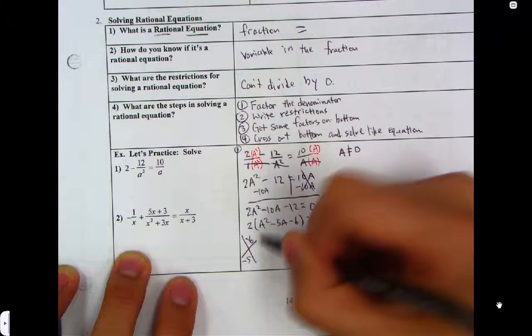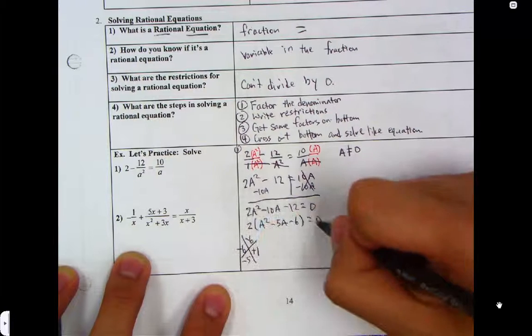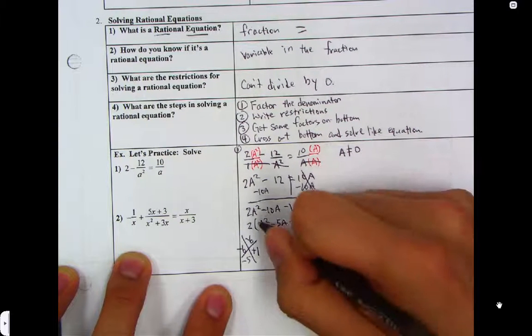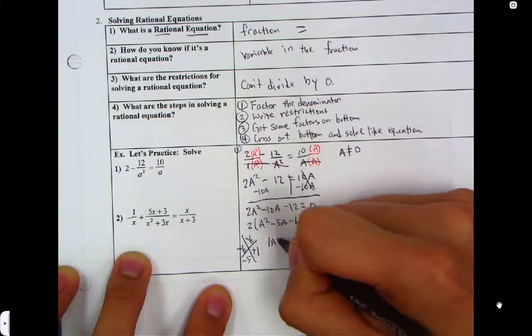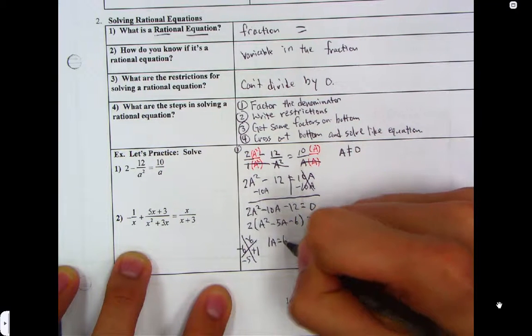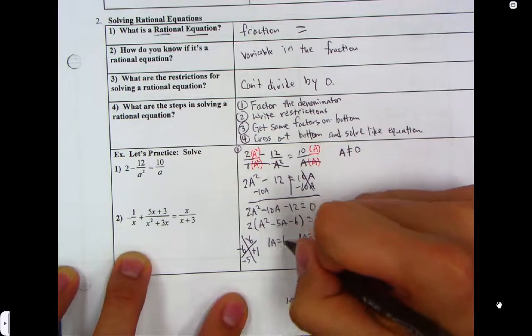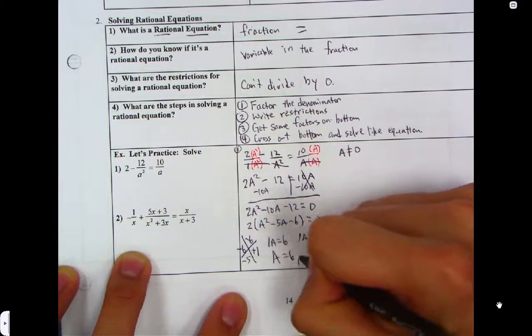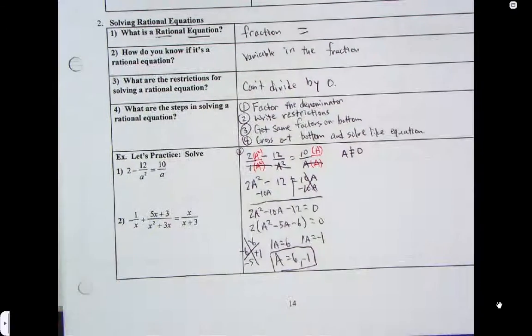What multiplies to negative 6 and gives you negative 5? Negative 6 and positive 1. Since it's equal to 0, and this is my a value, 1a, I'm going to take the opposite, equals 6, and 1a equals negative 1. And my answer is a equals 6 and negative 1. Since my answers are not my restrictions, these are my two answers.